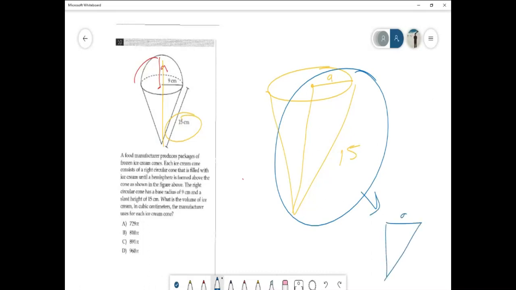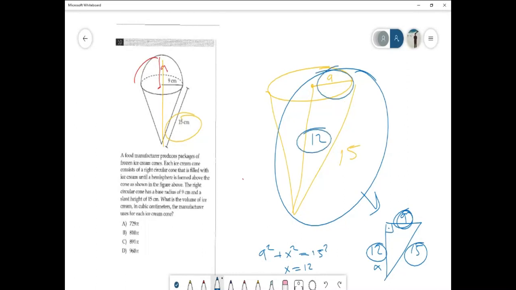So we have a cone here. Let's say this is a cone. This is 15. This is 9. I need to find this height. So if you magnify this here, it will be a triangle. 9, 15, right? This is a right triangle because the height always makes 90 degrees with the base.